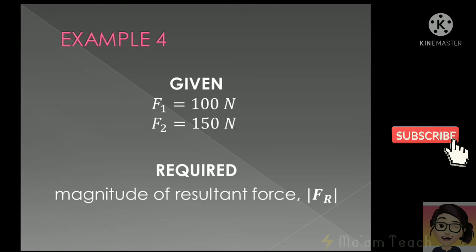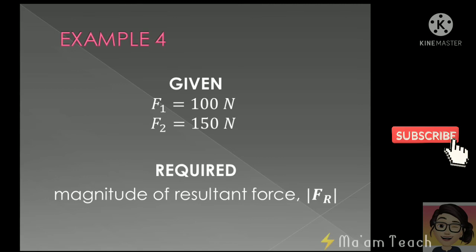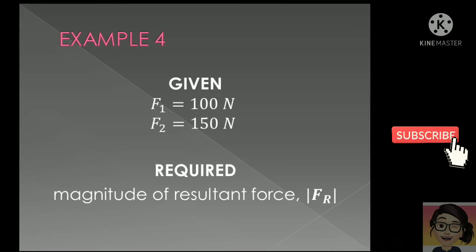And also, class, if you can observe, the symbol for our magnitude of resultant force has a bar around it, which indicates that this quantity is a magnitude. It's because if we only write F sub r, it will refer to the whole vector itself, which means that quantity includes magnitude and direction.